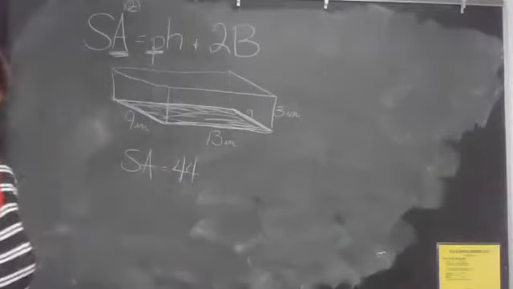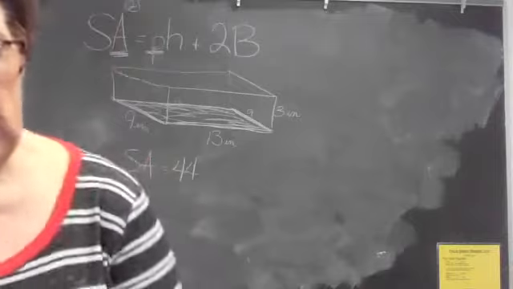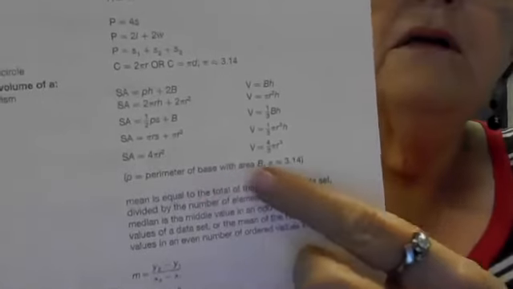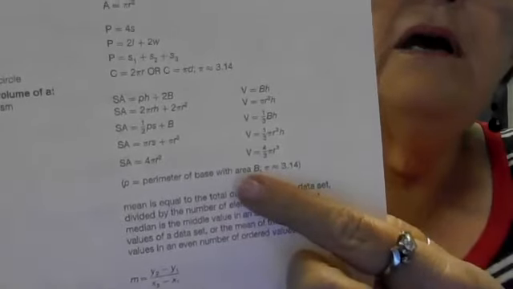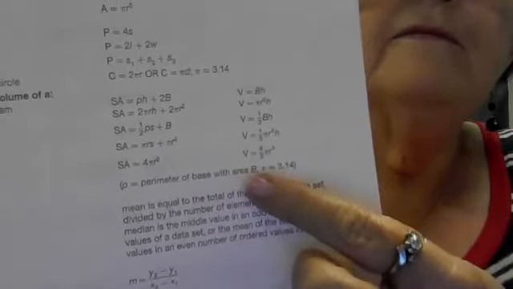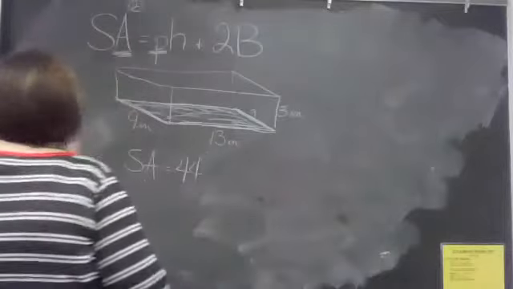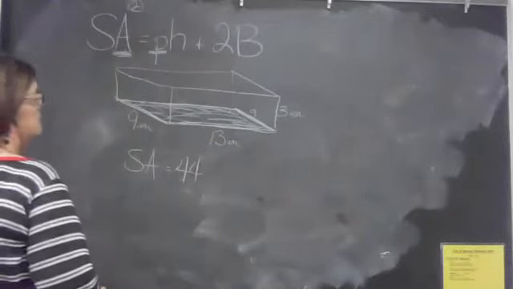Now, one thing, if you can't remember what the P stands for, it's really cool because they have a reminder right on here. Look. P is the perimeter of the base. Big B is the area of the base. Okay? So they'll remind you what the P is on the formula chart, and you get the formula chart in the test.